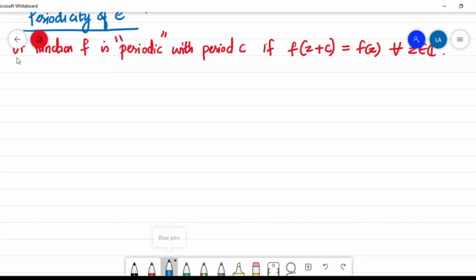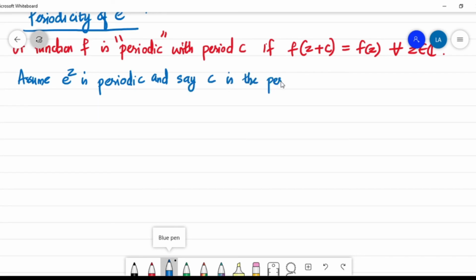So, what we are going to do is, we are assuming e raised to z is periodic, and say C is the period of e raised to z, and we are going to find how this C looks like.